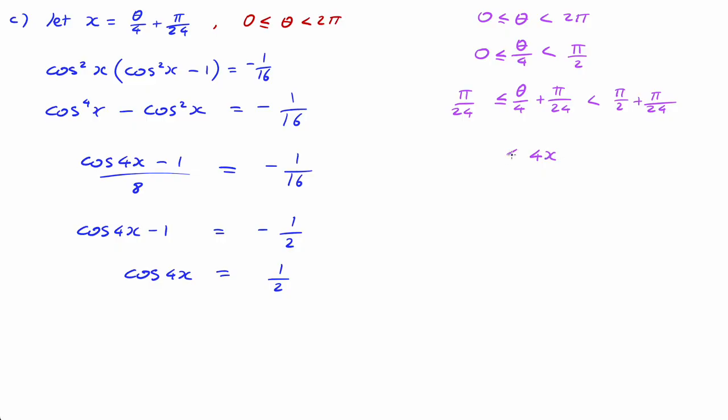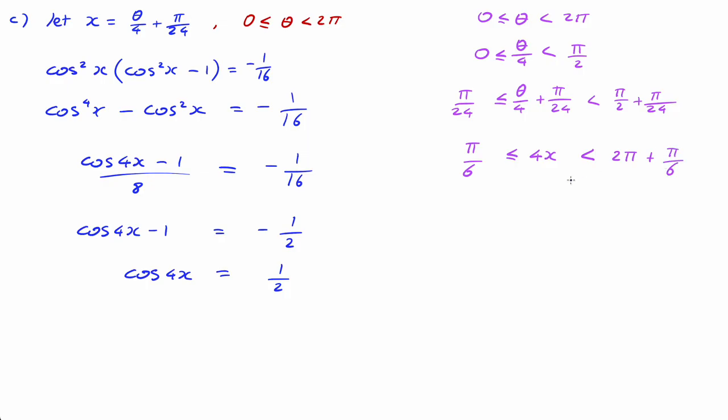So then 4x, if I multiply this by 4, let's just write it as 4x. 4x has to be between pi over 6, because 4 times this, 4 over 24 is pi over 6, and less than this times 4 is 2 pi, and then 2 pi plus this times 4, which is pi over 6.